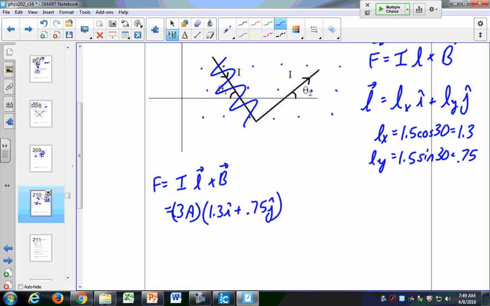And then I cross that with my magnetic field, which is 2K. Now I do that cross product. I get 3 times 2.6 I cross K, plus 0.75 times 2 J cross K.